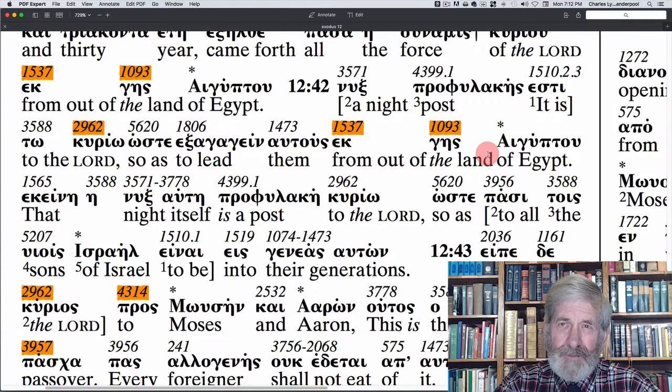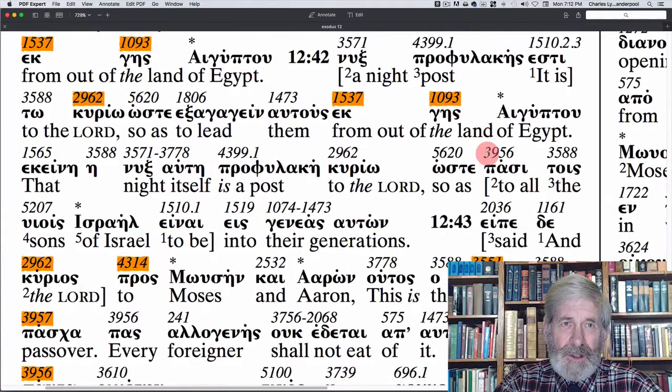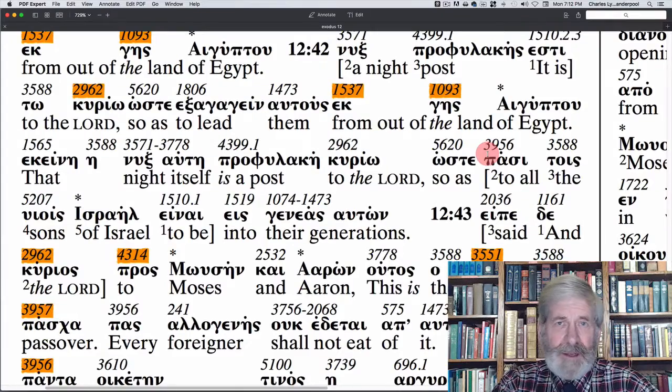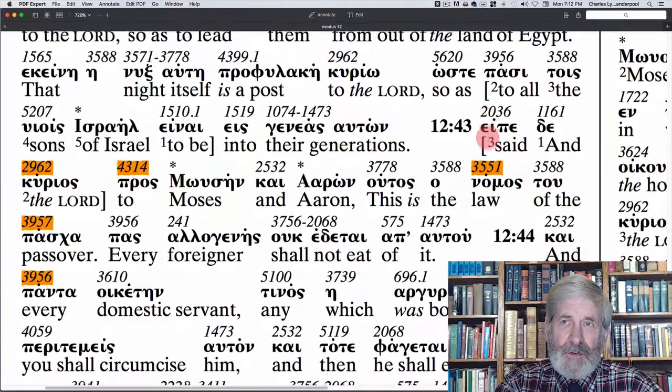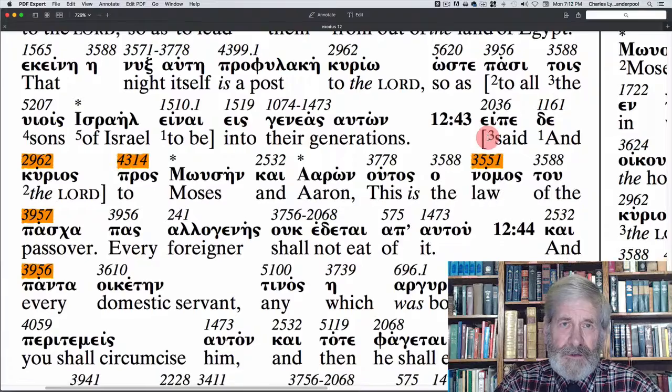It's sort of something that they did on that night, that they made a special thing for doing this, a special place and maybe ceremony somewhere, so as to lead them from out of the land of Egypt.